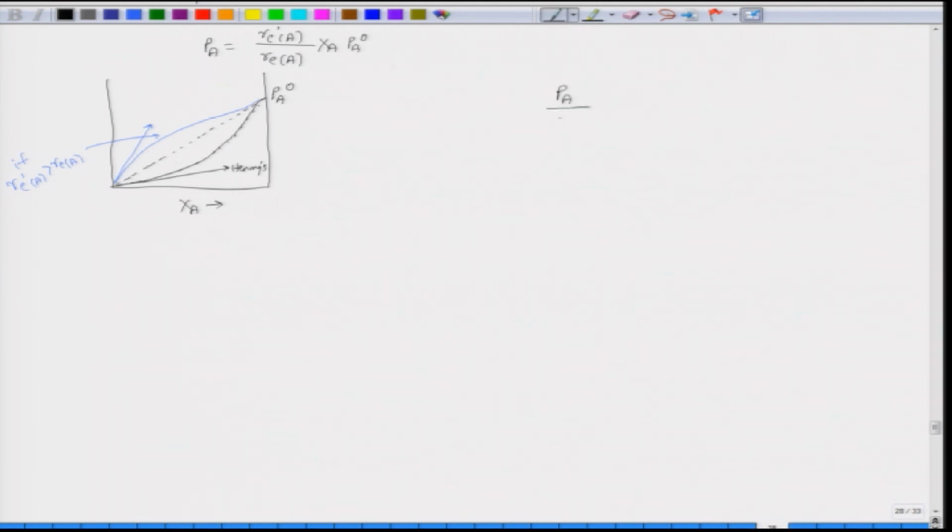Okay. So, now we can define the quantity PA over PA0 as AA, or this is called the thermodynamic activity of A. So, in terms of thermodynamic activity we can state Raoult's law as AA is equal to XA.